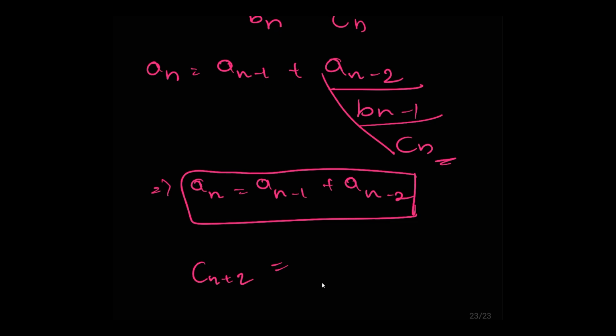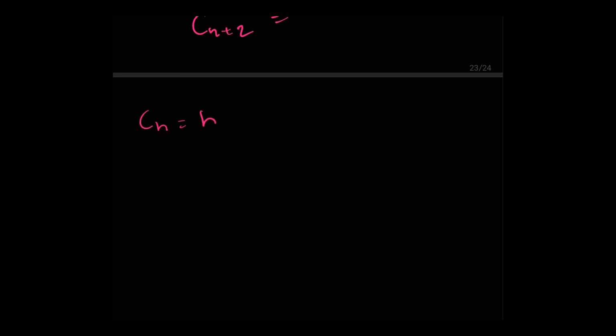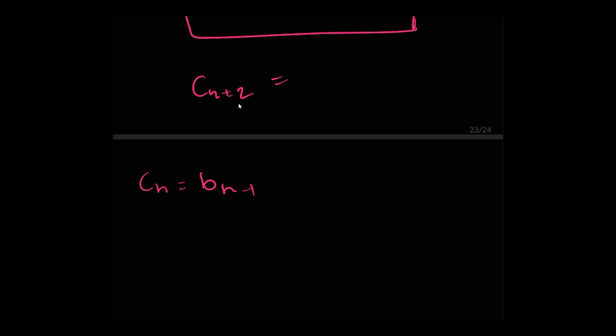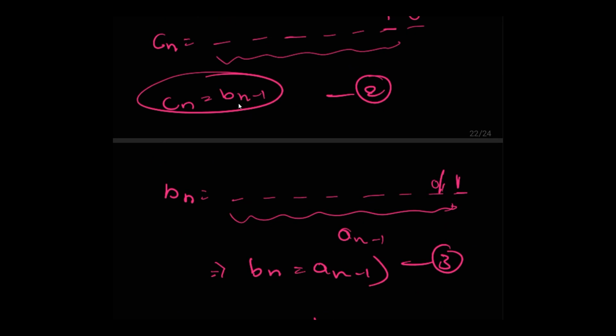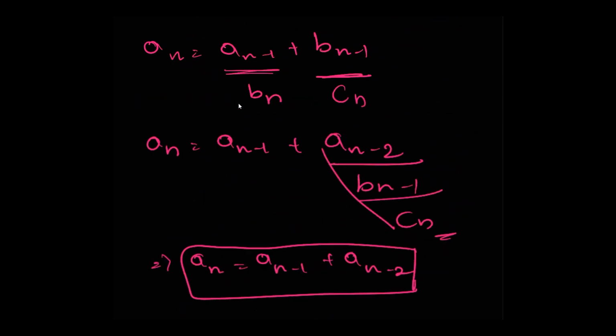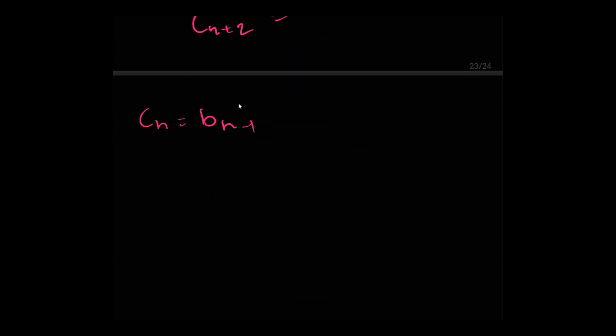From here, Bn equals Bn minus 1 from equation number 2, and Bn minus 1 equals An minus 2 from equation number 3. These two are from equation number 3 and these two from equation number 2.